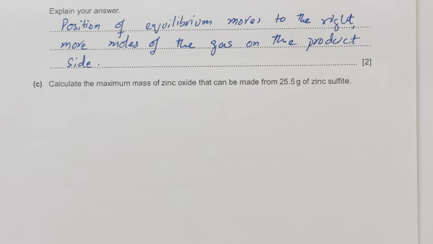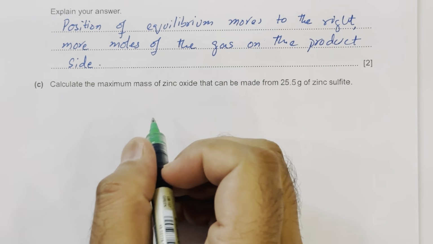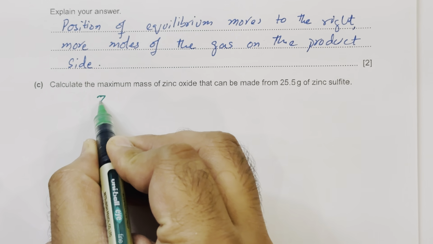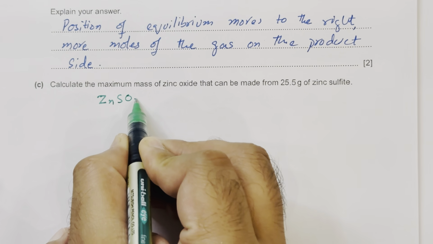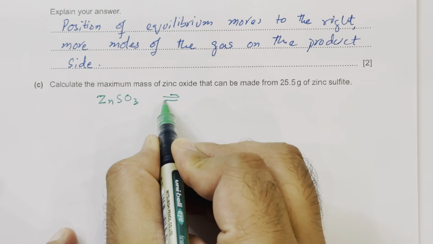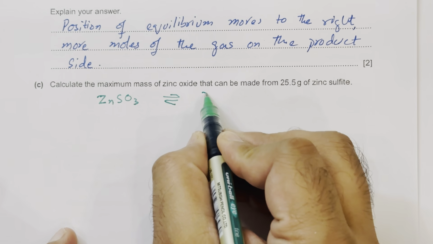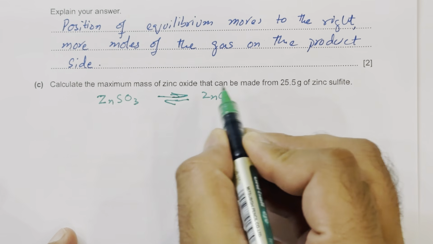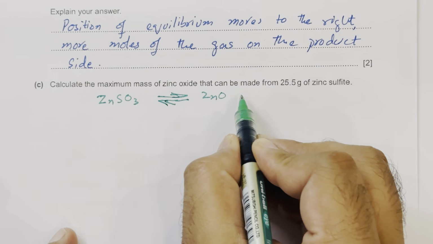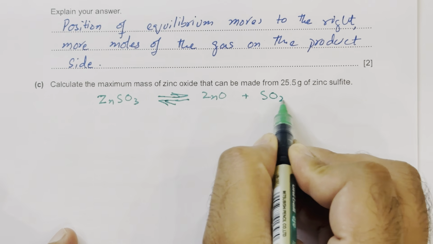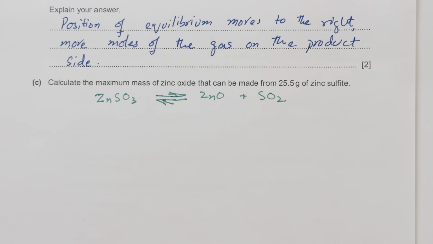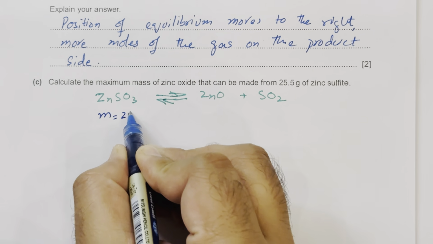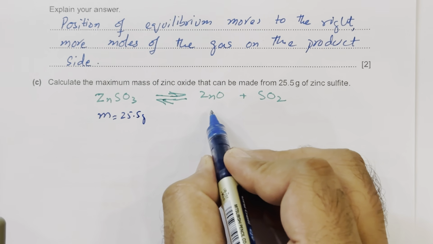So I'm writing again the equation that is given at the start of the question: zinc sulfide, ZnSO3, would give us zinc oxide and sulfur dioxide. We have been given in this question that the mass of zinc sulfide is 25.5 grams and we need to find the mass of zinc oxide.